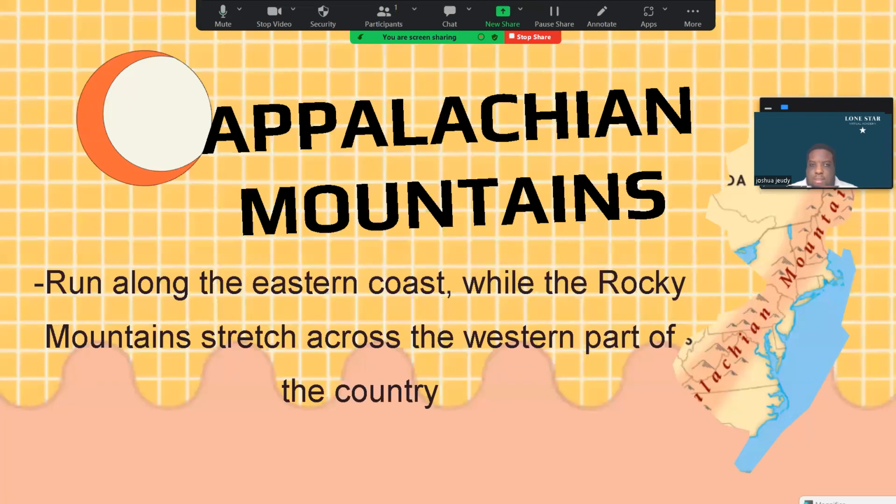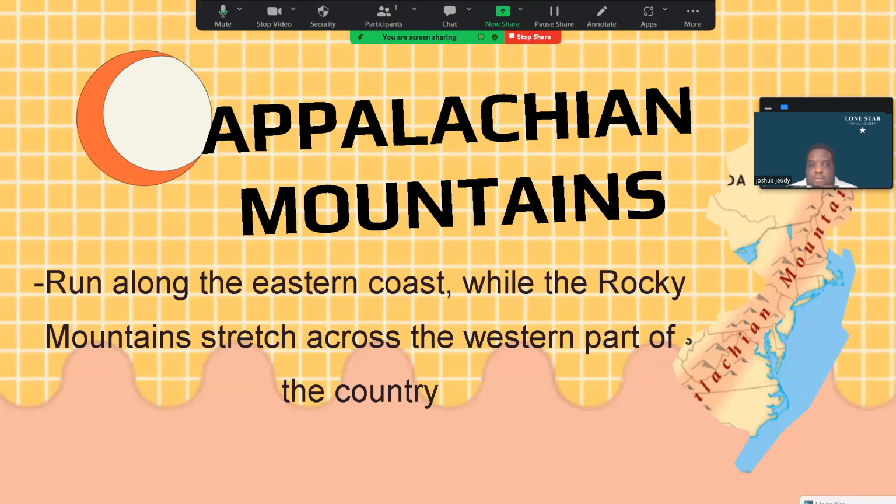One of the major things that we have in regards to physical geography are the Appalachian Mountains. The Appalachian Mountains are located on the East Coast, and stretch from north to south.